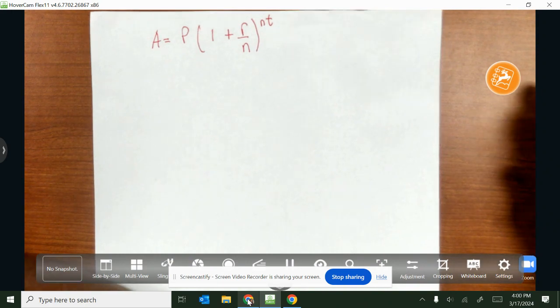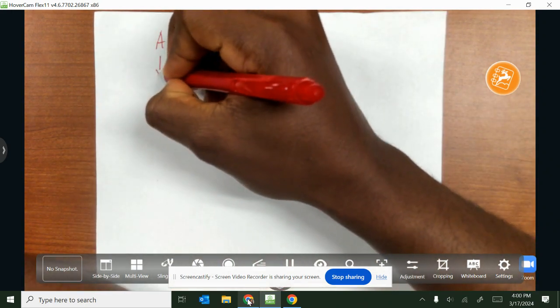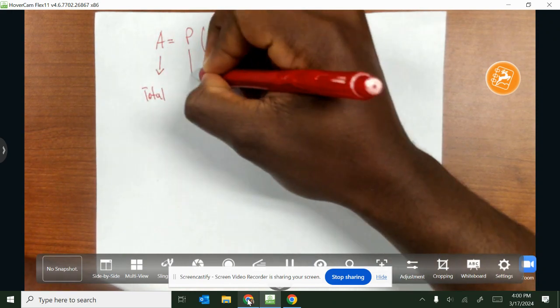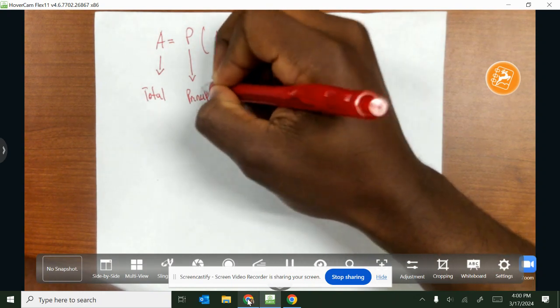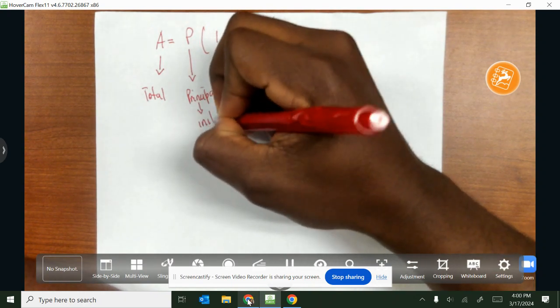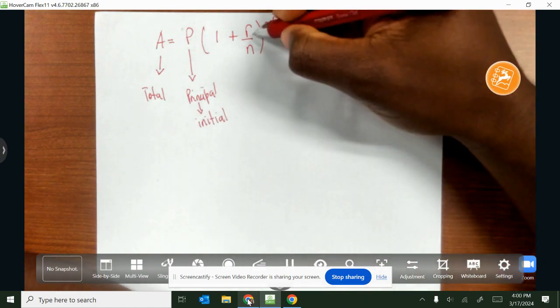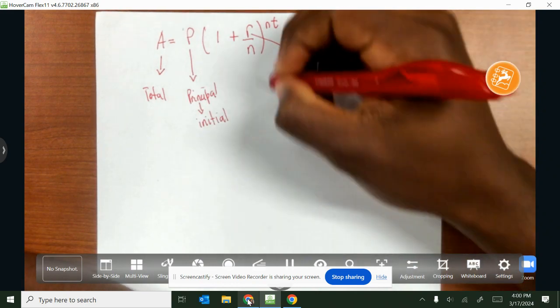And as you can figure, these letters all mean something. A represents your total. P represents your principal, or your initial, so it's whatever your starting amount is. The R would represent your rate.